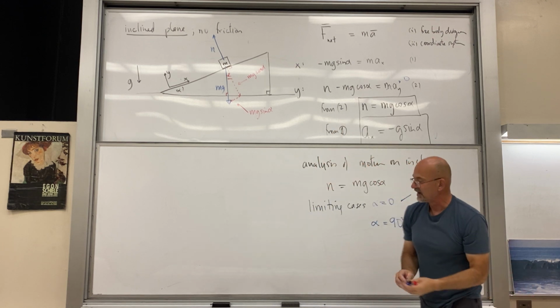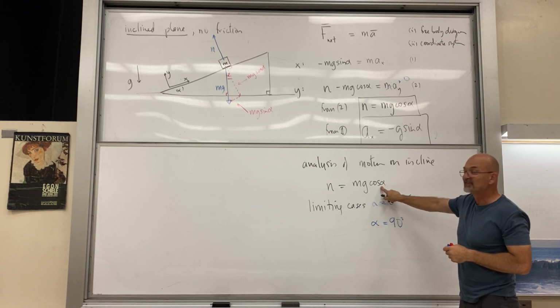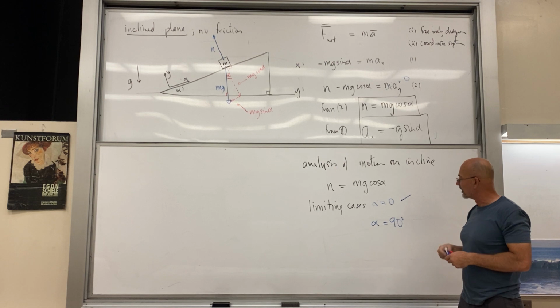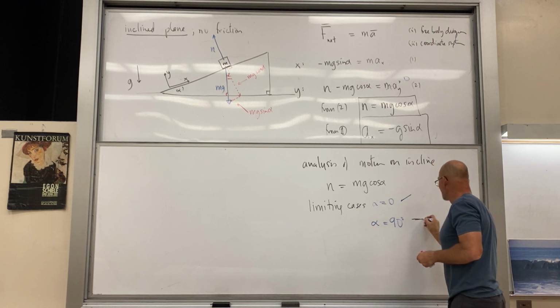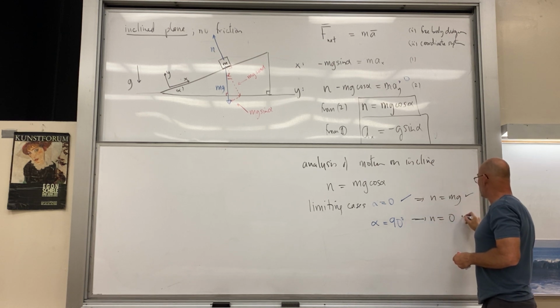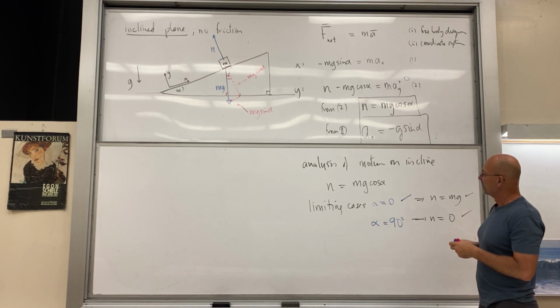If we look at the cosine of 90 degrees, that's 0. Then the normal force is equal to 0. So n equals 0. Up here we had n equal to mg. And both of those make complete sense, so that's an important analysis.